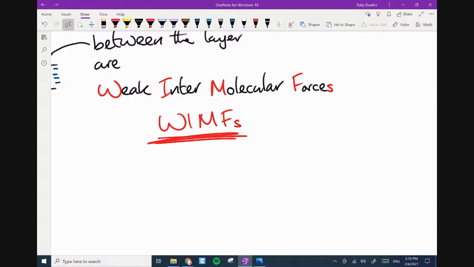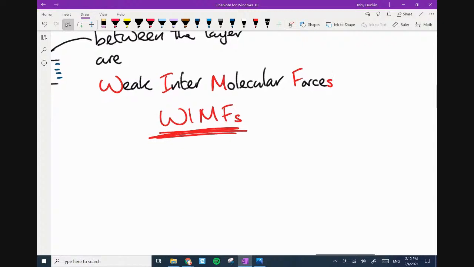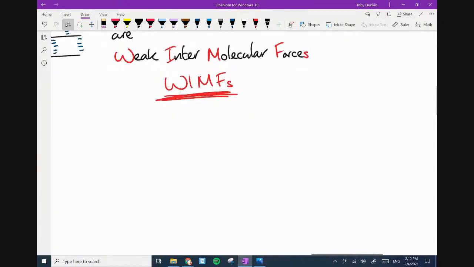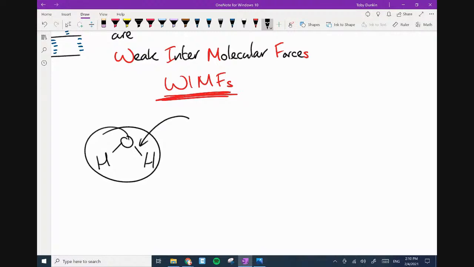The word internet is between networks connections. So the word inter means between. So weak between molecules forces. So for example, in water, we're going to look at these next lesson. In water, you have got strong covalent bonds between the oxygens and hydrogens.